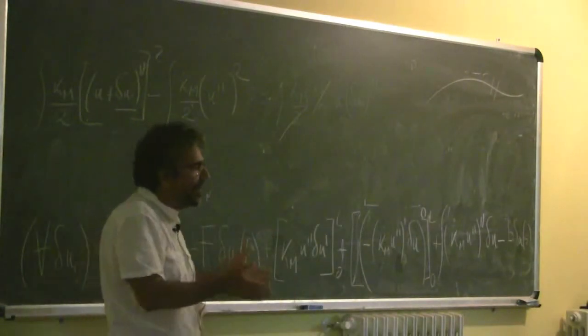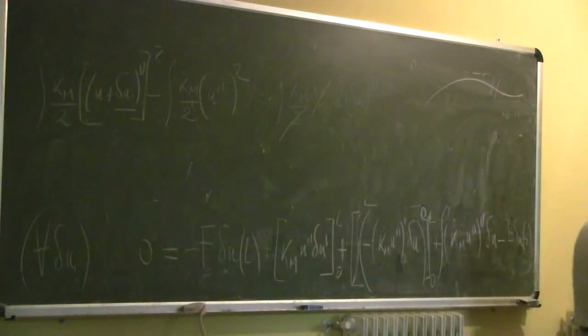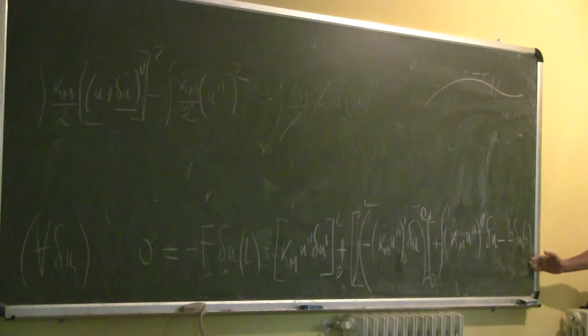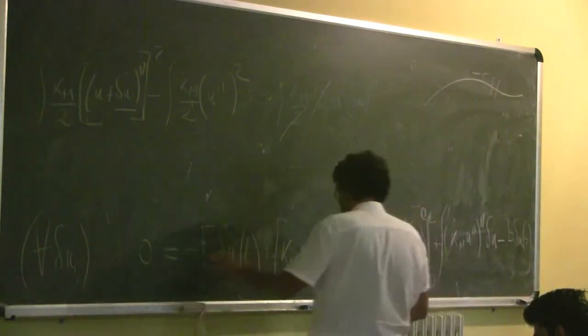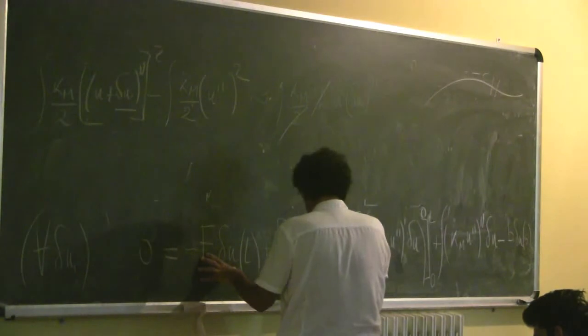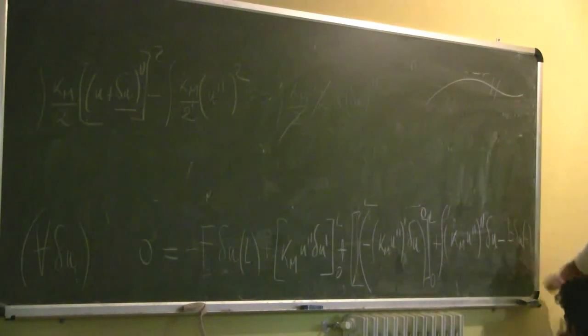If you remember what we have said about Archimedes of Tarentum and the equilibrium of a lever, this resembles very much the principle of virtual work. For every virtual displacement delta U, the external work and the internal work must, once summed up, give the result 0.